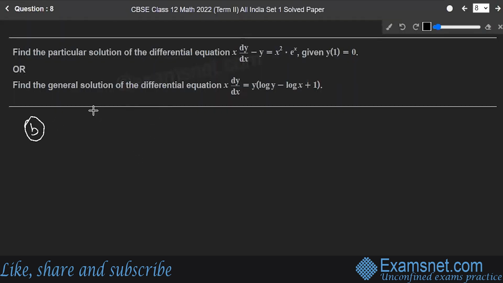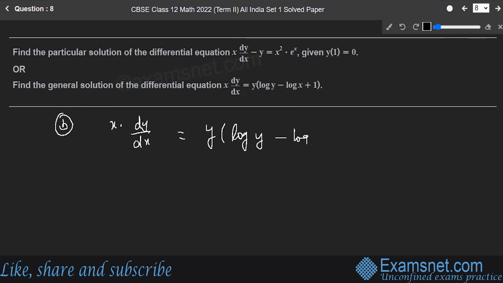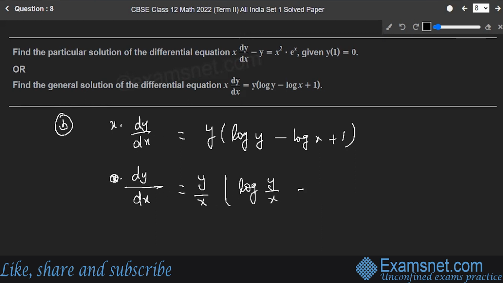Now the B part of this question is you have to find the general solution of the differential equation. So here we have the B part. Let's write down the equation x into dy by dx is equal to y into log y minus log x plus 1. You can write it as dy by dx is equal to y upon x into log y upon x plus 1.